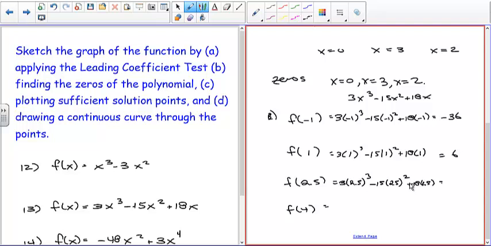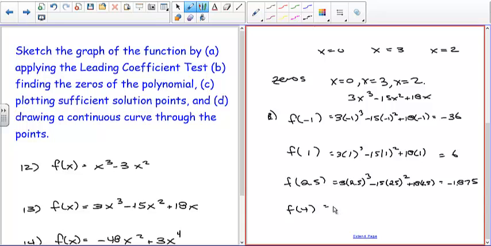Okay, I'm going to use my calculator for this. 3 times 2.5 cubed minus 15 times 2.5 squared plus 18 times 2.5, negative 1.875.